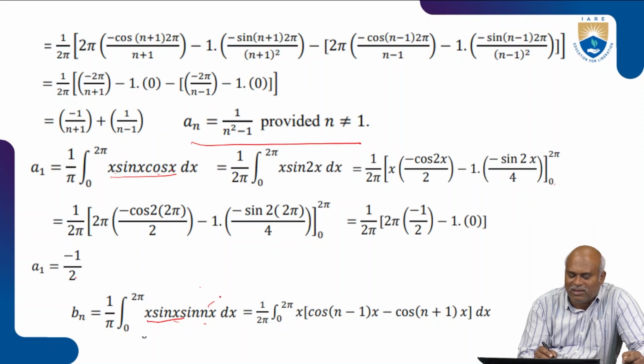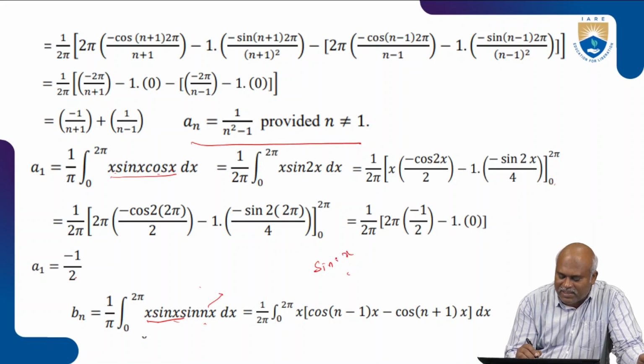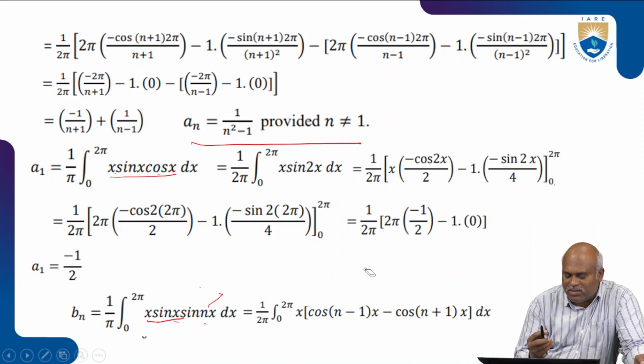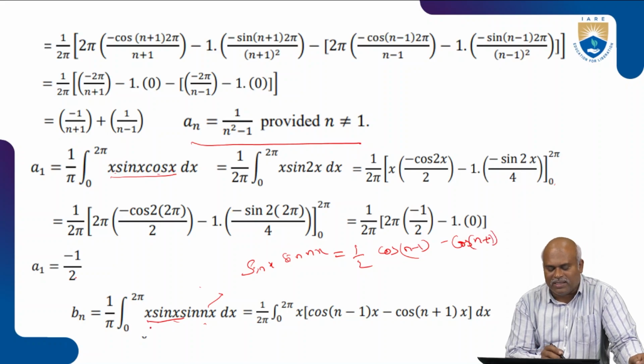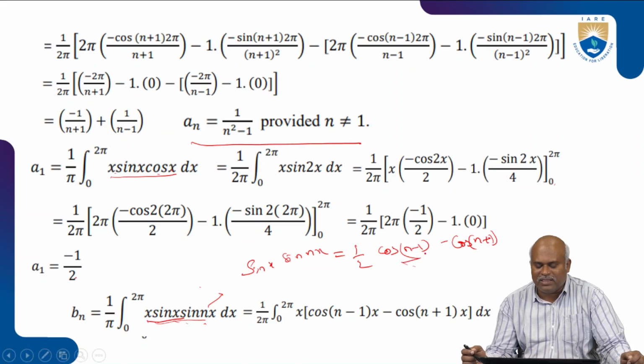This trigonometric equation we need to write: sin x sin nx is equal to 1 by 2 of cos (n minus 1)x minus cos (n plus 1)x. You can utilize this formula to simplify the integration. So the multiplication is converted to a single integration.